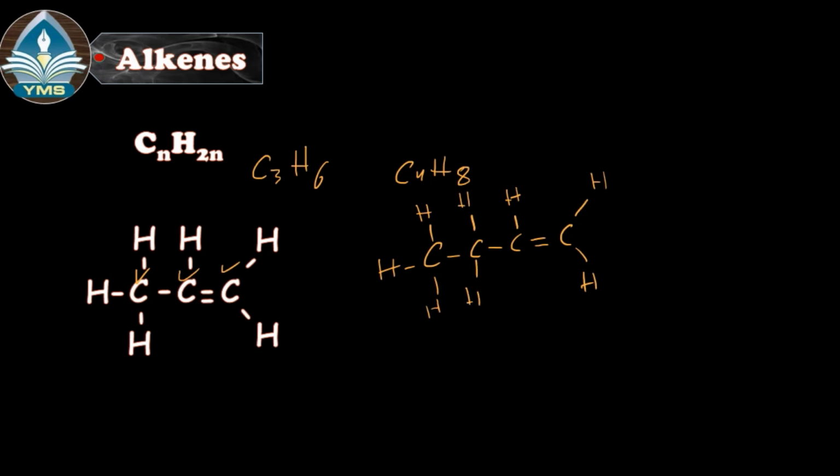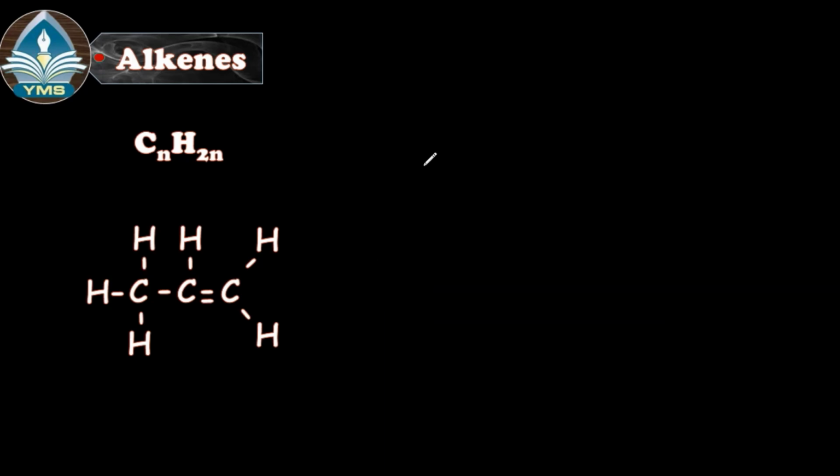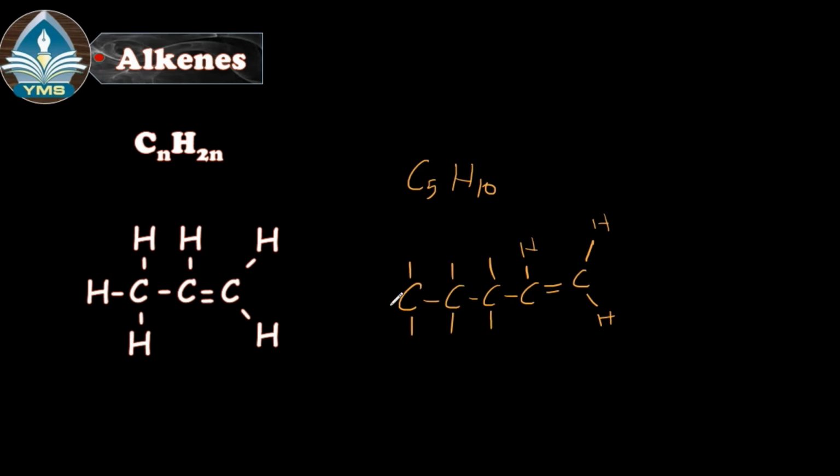Okay, another example, C5H10. How do we draw this one? It is going to be 1, 2, 3, 4. The last one is going to have the double bond, and here we write 2 hydrogens. Here we write only 1. And these will be saturated with hydrogen.